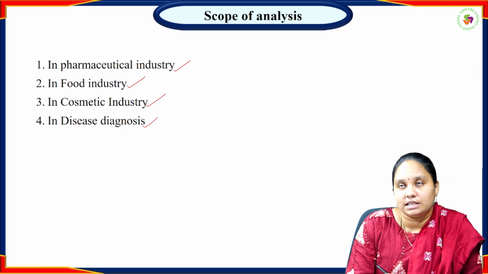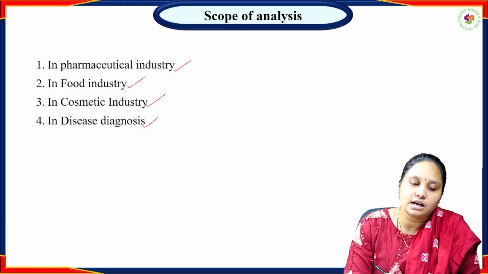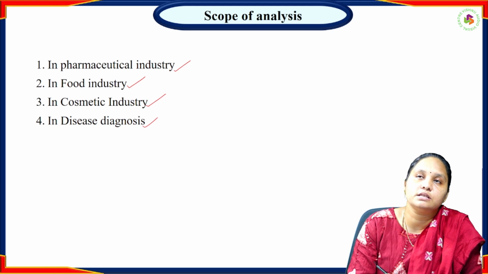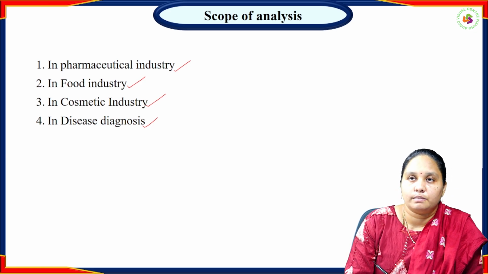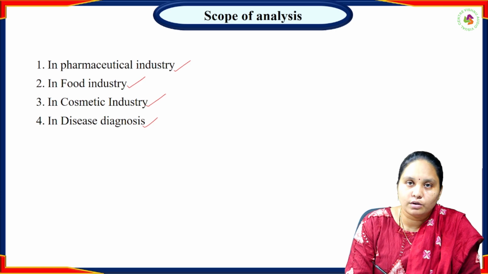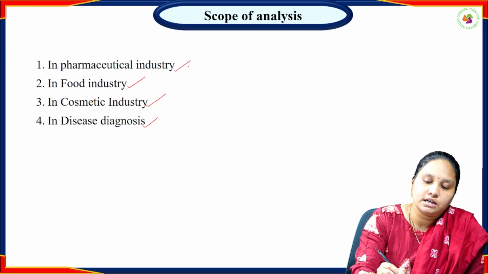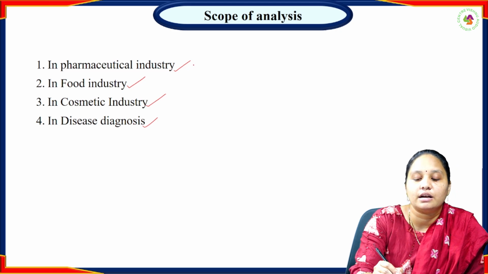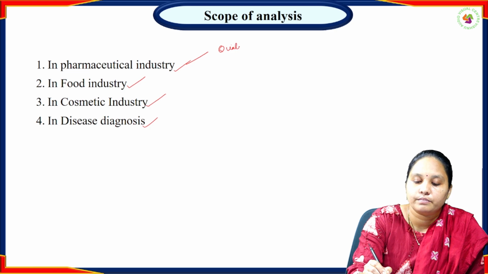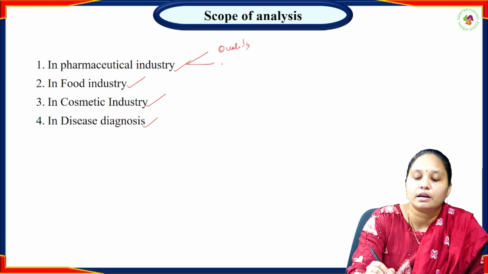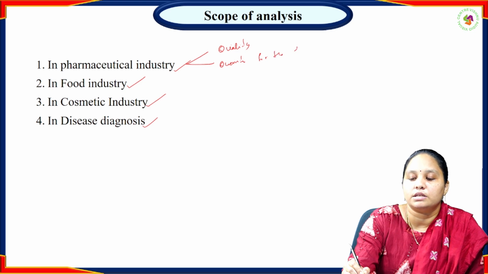In a pharmaceutical industry, these techniques are applied for the identification of excipients and for the preparation of different dosage forms. For that purpose, they use these analysis techniques in a pharmaceutical industry, for the identification of the quality and the required quantity for the preparation of the formulation.